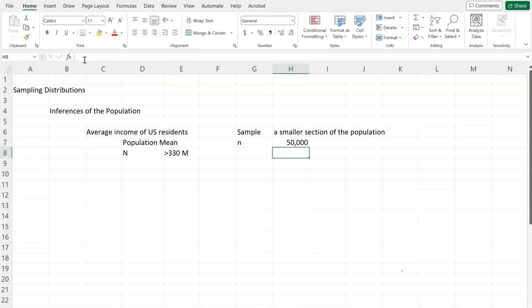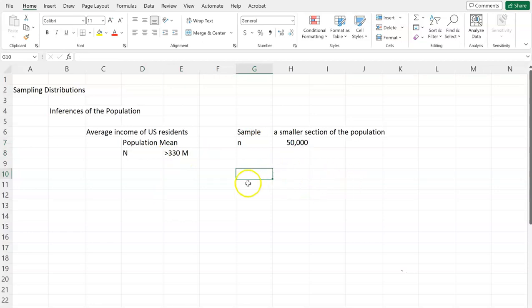Now some people might say, well, 50,000 is too small of a number. It's still a huge sample, but how is it possible that we can get information about a population with a size of over 330 million from such a small sample?